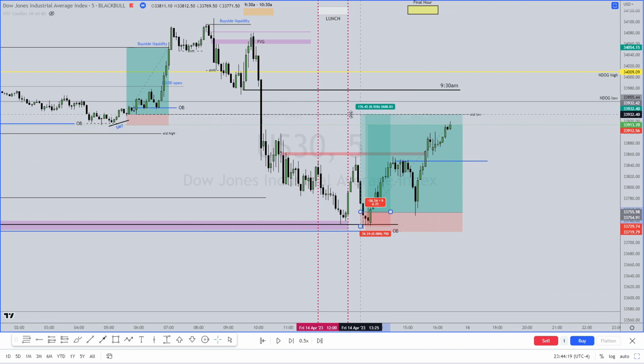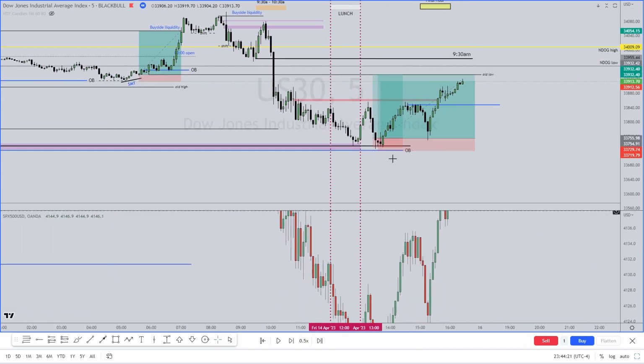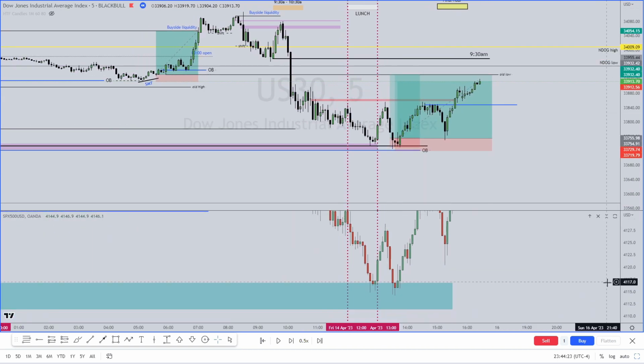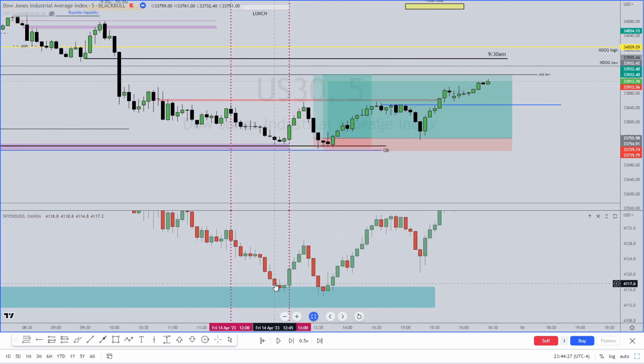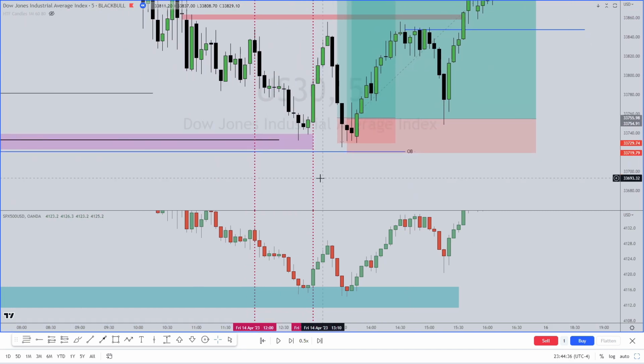That's another thing I wanted to check was SMTs. Not much here. So here are the two corresponding lows. So lunch is done.